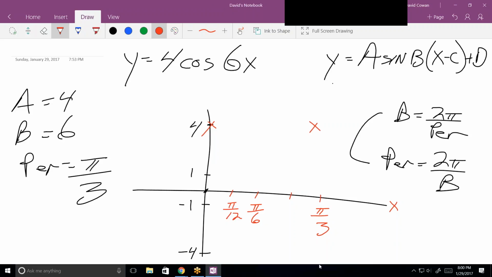And this point here, the only point left: add pi over 6 to pi over 3, divide by 2.